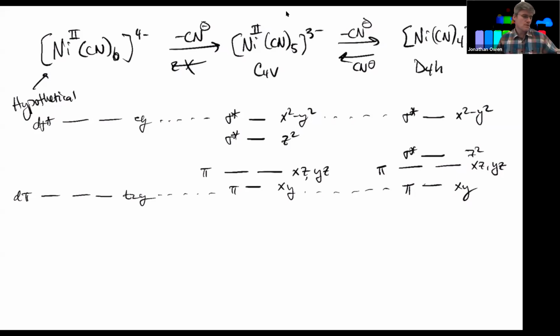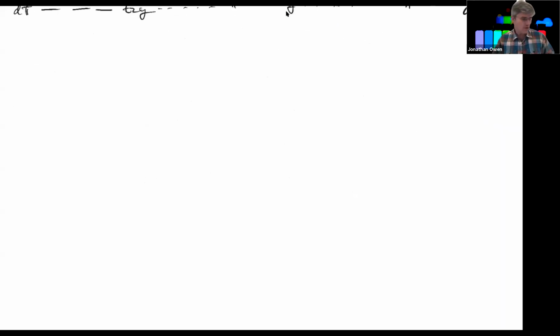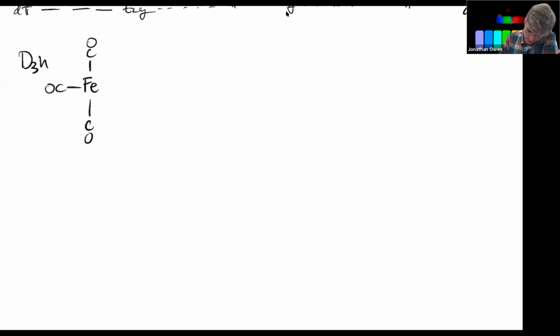Okay? All right. Now, we're going to do D3h, iron pentacarbonyl. This compound is definitely in this structure.